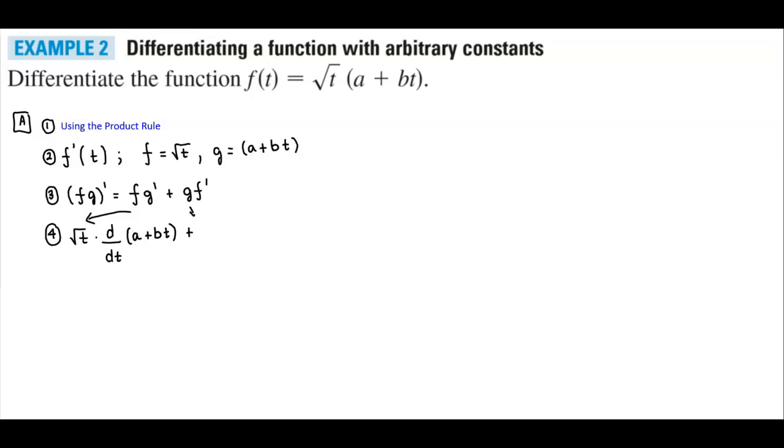Plus, we're going to take the function g, which is a plus bt, and multiply that by the derivative with respect to t of the square root of t.